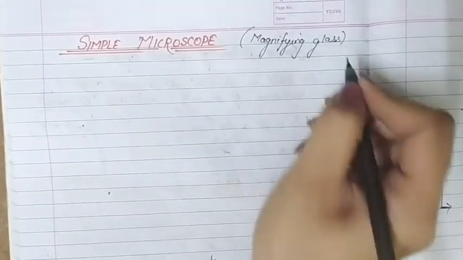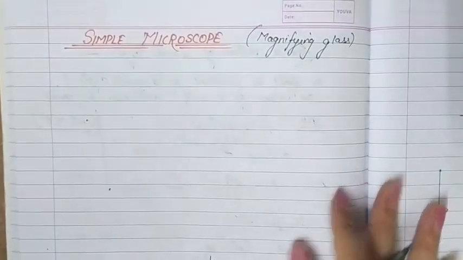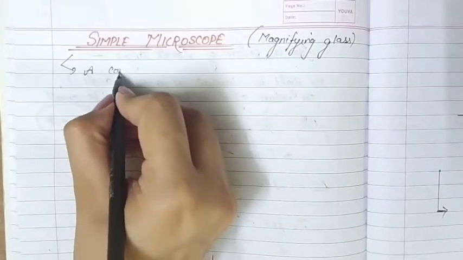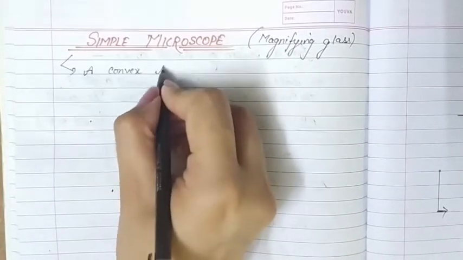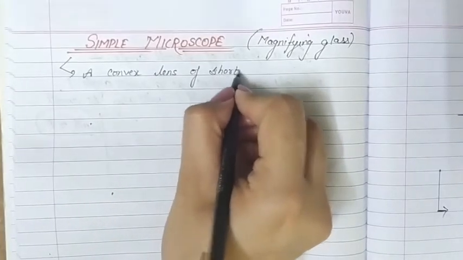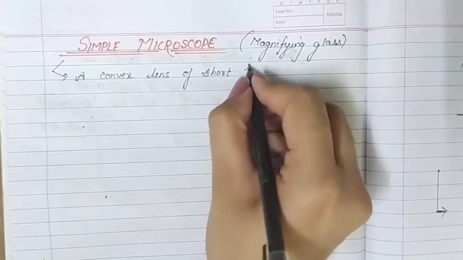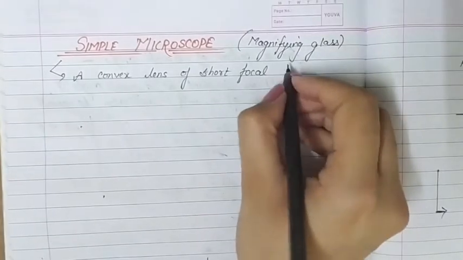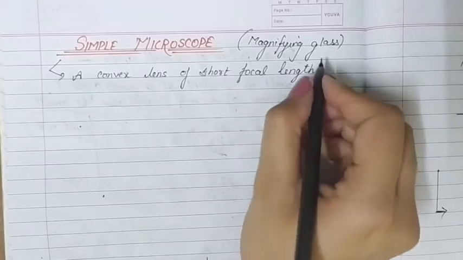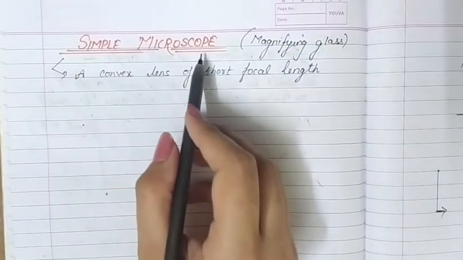So simple microscope or magnifying glass can be defined as a convex lens. Convex means converging lens, a convex lens of short focal length. This is important: the convex lens you are using should be of a short focal length. Only then can that convex lens work as a magnifying glass or a simple microscope.